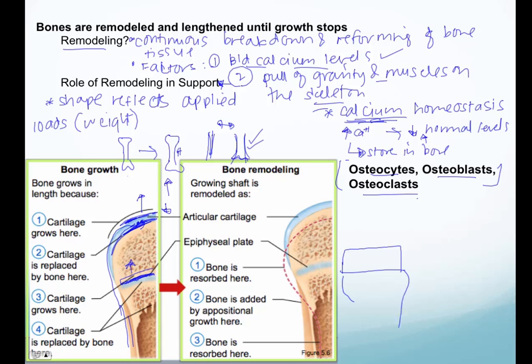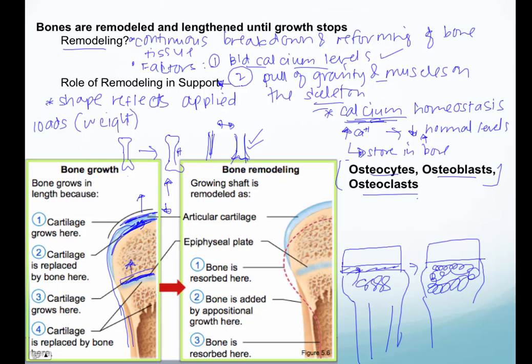Here is the medullary cavity down here, and then here's all that spongy bone. What happens over time is all of this hyaline cartilage found down here is eventually going to get replaced by bone. So then we have spongy bone that starts growing where that cartilage once was.